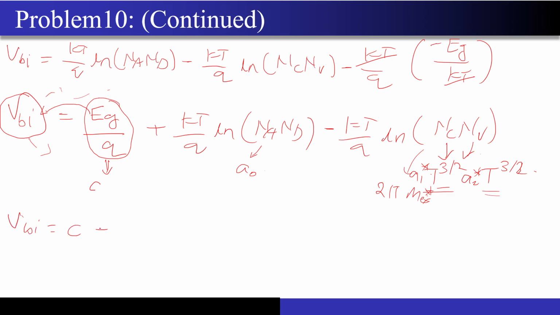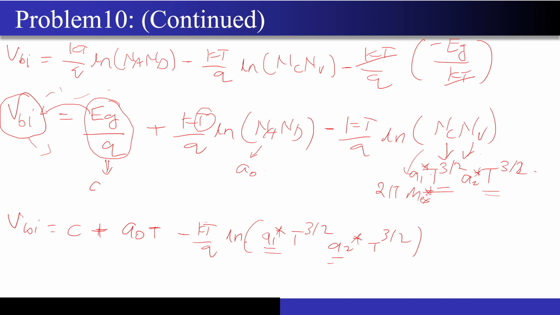Your C plus A0 into T, because you have a T over here, I cannot remove this, and minus kT by q ln of A1 star T to the power 3 by 2, A2 star T to the power 3 by 2.